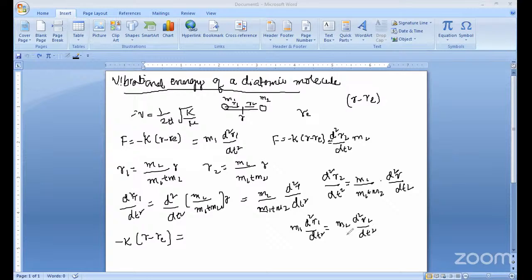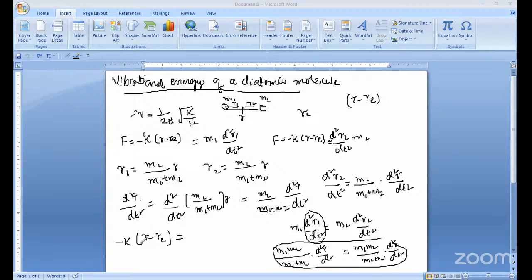Therefore, d square R1 by dt square value we can get as M1 into M2 by M1 plus M2 into d square R by dt square. Similarly, this side also you'll get M1 into M2 by M1 plus M2 into d square R by dt square. So both are the same.